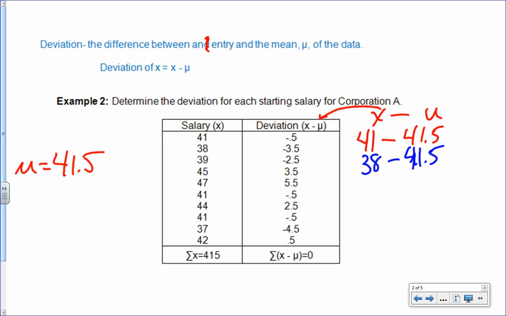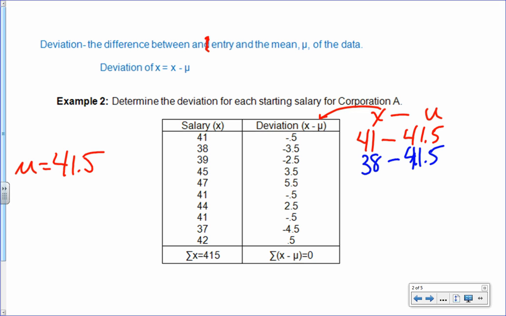What do you notice about these numbers? Well, they all happen to have a half in it, but that's just because the half was in the mean, right? But some are positive, and some are negative. And you notice at the very bottom of that, the sum of that deviation is 0.